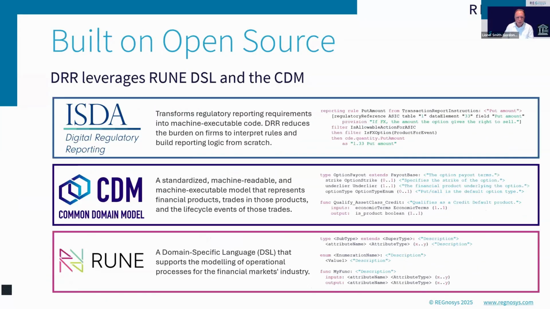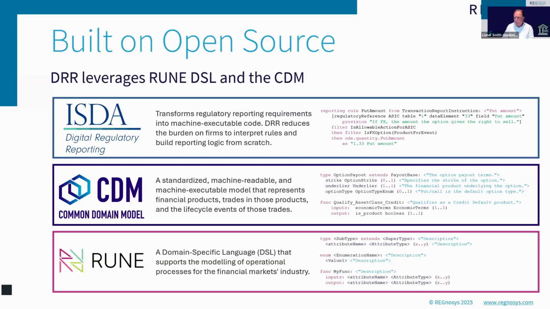As many of you will know, our platforms are based on open source. There are basically 3 levels that we see here. The foundation is the RUNE, which is the domain-specific language that underpins both the CDM and DRR. The RUNE was originally built by my colleagues here at Regnosys and contributed as open source to FINOS.